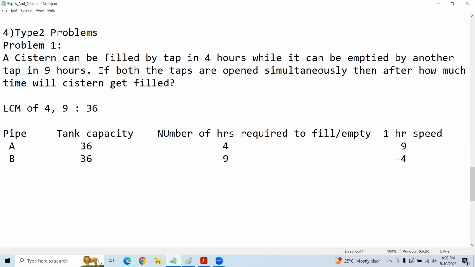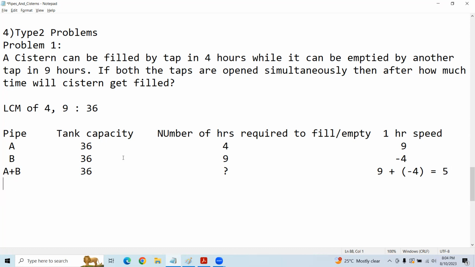Now, if both pipes are open, A plus B, our capacity is going to be same, 36 only. Now, how much time will be required to fill the tank completely? So when we look at A plus B, we need to add 9 plus minus 4 because our second tap, that is pipe B, is outlet pipe. So 9 plus minus 4 becomes 9 minus 4, that is 5.